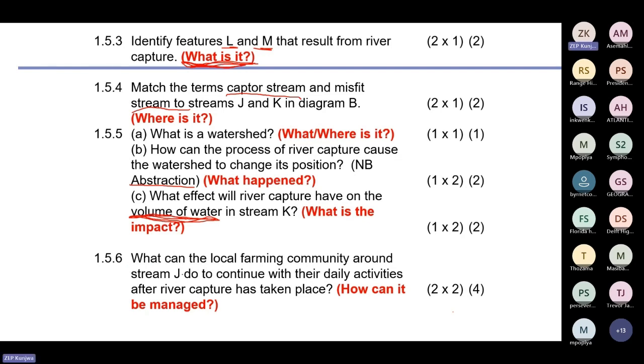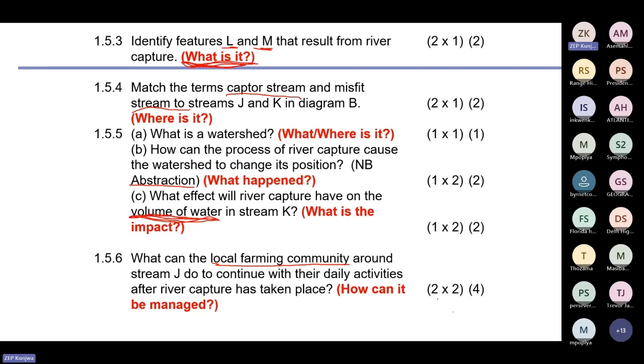1.5.6. What can the local farming community around stream J do to continue with their daily activities after river capture has taken place? The examiner is asking this question because they assume that you know that the area at stream J has lost water. So they're asking you to come up with other alternatives or methods which they can use to find water.